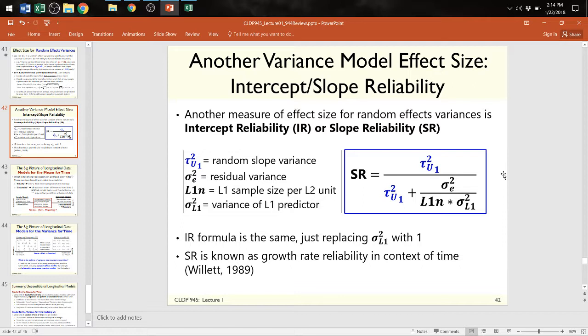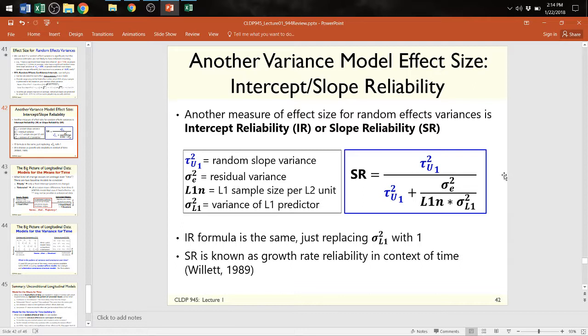And so most of the time you end up doing some kind of simulation. And to do a simulation, you have to have values for everything that you expect to put in your model. And it's really hard to come up with what a slope variance should be. But if you can say, well, I think I may have a slope variance with a reliability of, I don't know, like 0.5, then you can work backwards and figure out what your slope variance would have to be, and then you could put those numbers in your simulation.